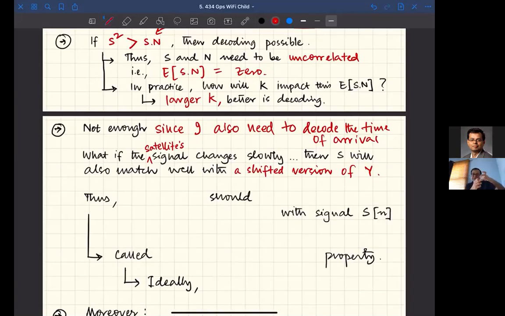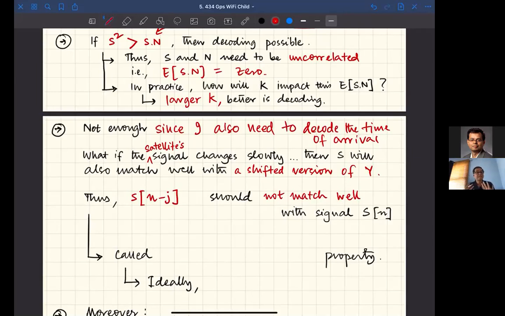But instead of that, if the signal Y from the satellite was changing very slowly, then even if you shift S on Y, the correlation value is not going to change much. So in other words, S of N minus J should not match well with signal Sn, right?